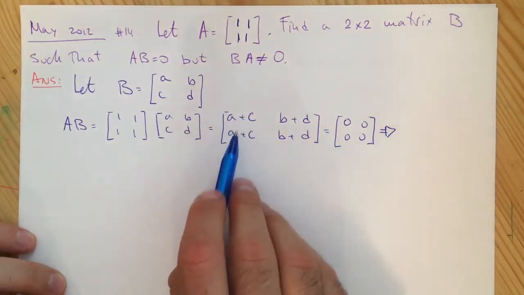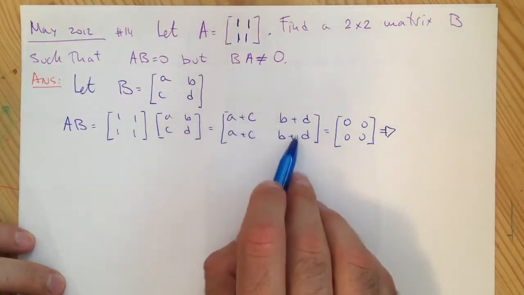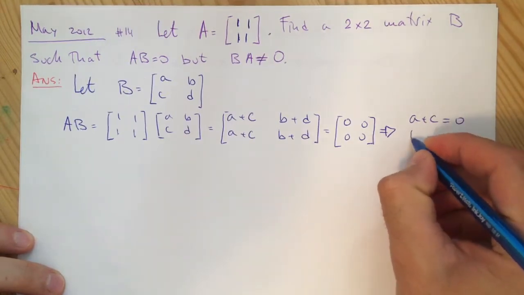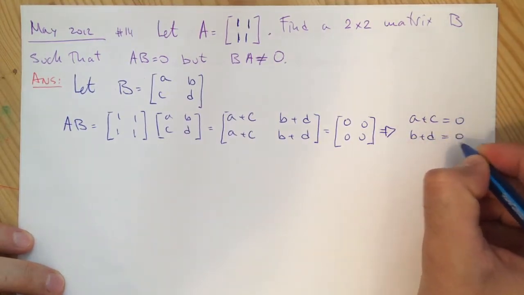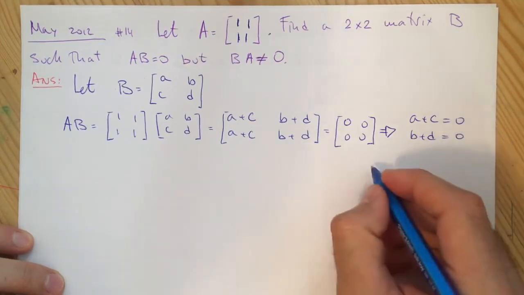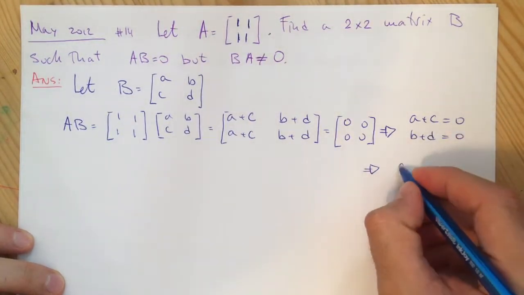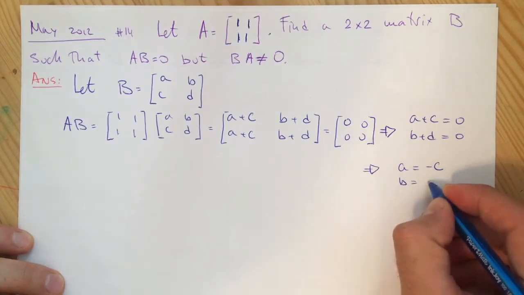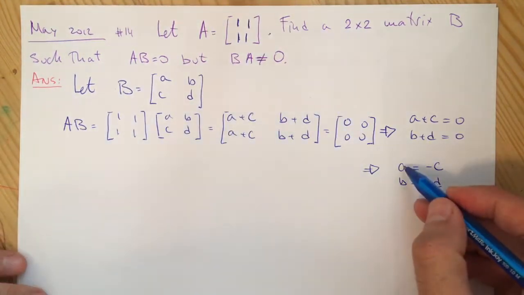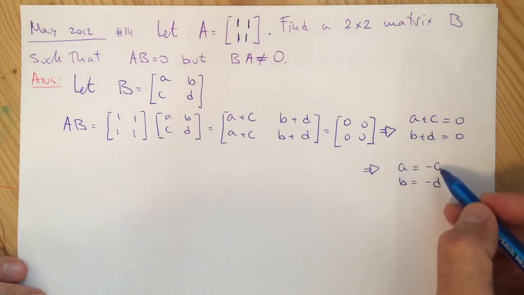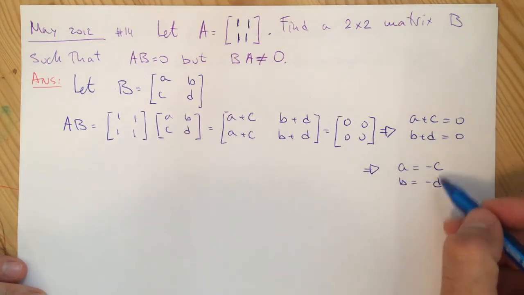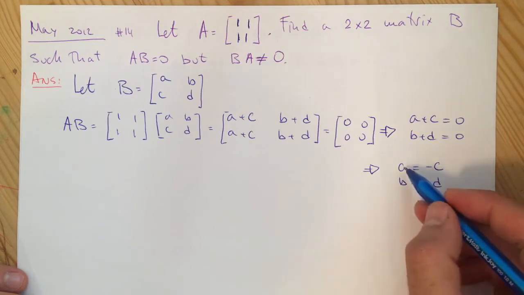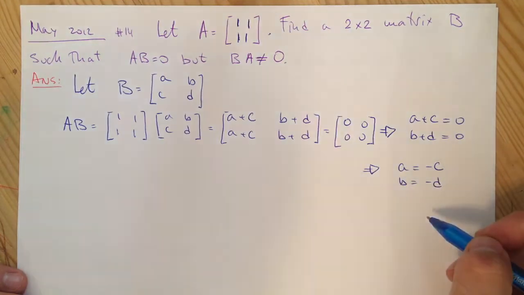But look at this, these two entries are the same, and these two entries are the same. So from here, a plus c has to be 0, and b plus d has to be 0. In other words, take any two numbers for a and b, and then the rest of it, c and d, are just a and b times -1.